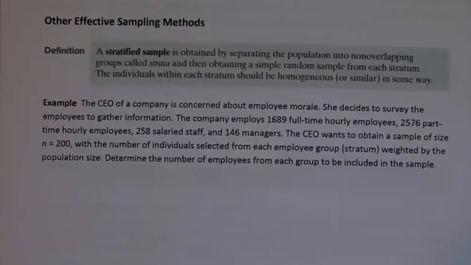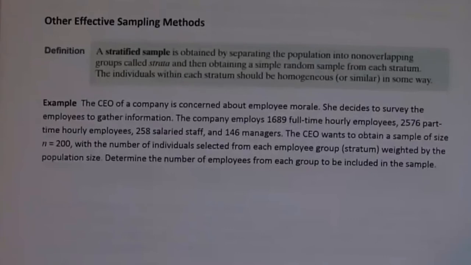So I would probably divide my population into those three categories, those three strata. So I would first ask individuals, do you identify yourself as a Democrat, a Republican, or an independent? And then I would randomly select some individuals from each group. Some Democrats would go into my sample, some Republicans would go into my sample, some independents would go in my sample.